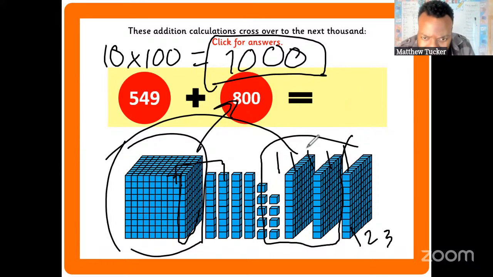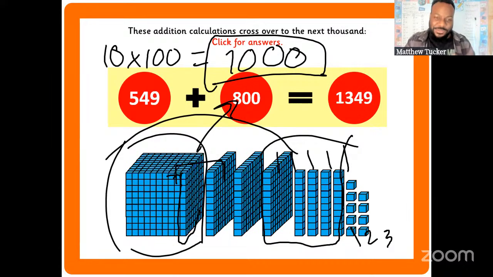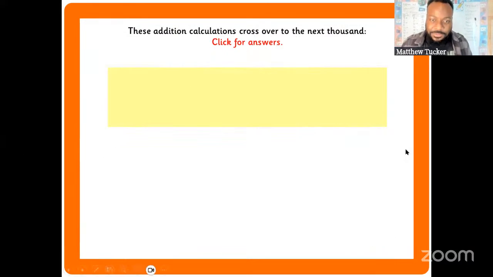And then we've got 1, 2, 3 of hundreds. In fact, let's rearrange it because we don't want the hundreds on the back there and it's just going to look a bit odd. There we go. That makes more sense now. So 1,349. Okay, very good. Well done. Okay, save there and moving on.